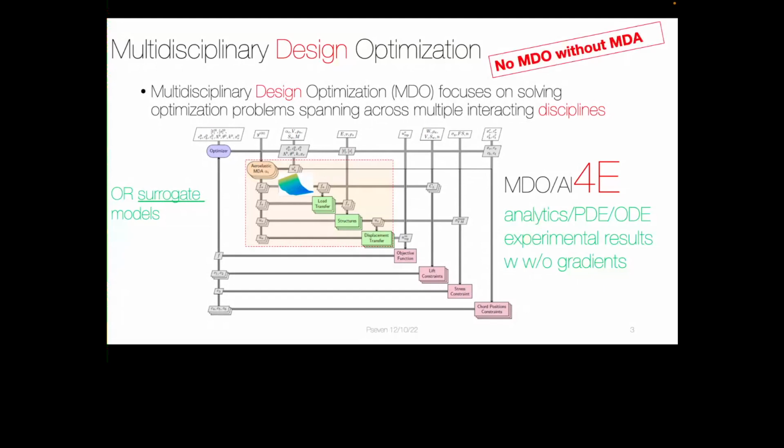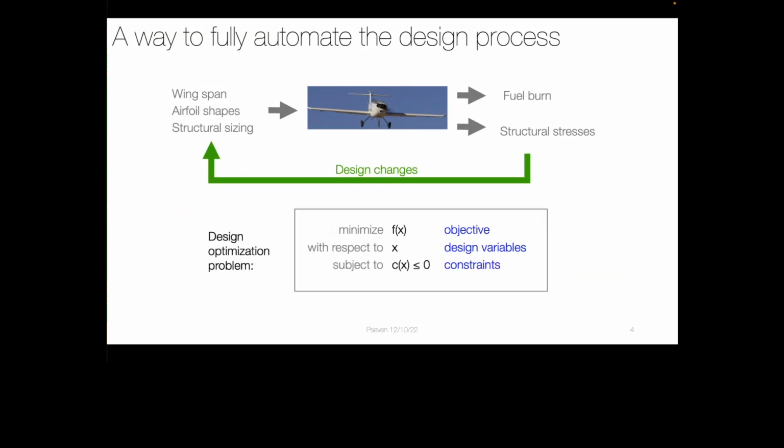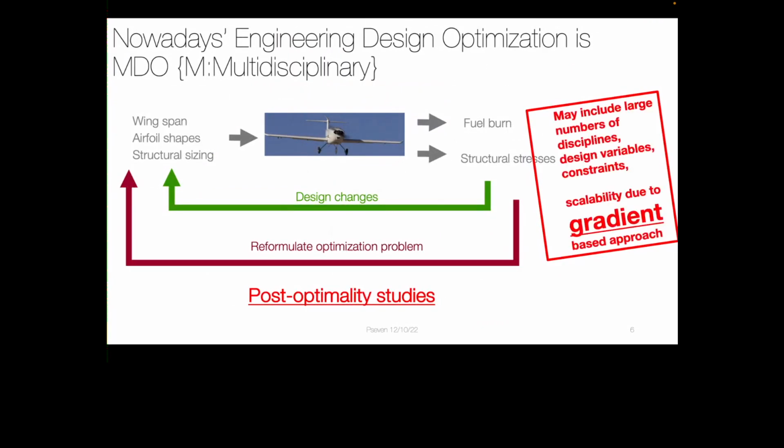What is important is that you cannot have MDO without MDA. For me, it's a way to fully automate the design process. From the physical problem, you obtain a mathematical constrained optimization problem, and you often solve it using gradients. It means you feed the optimizer with post-optimality studies, and in fact, you may include a large number of disciplines, design variables, and constraints if you use a gradient-based method.